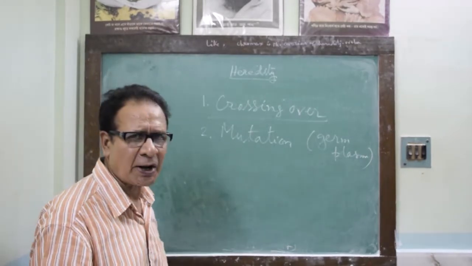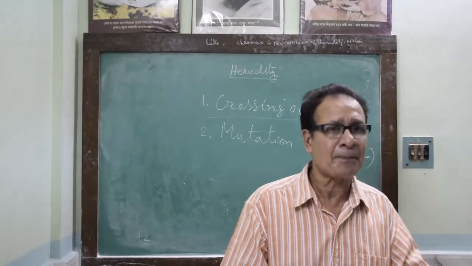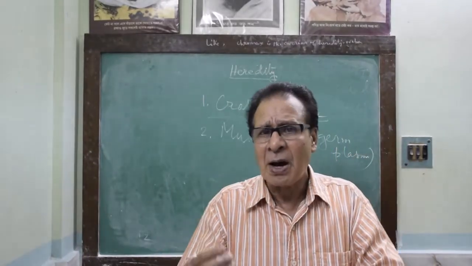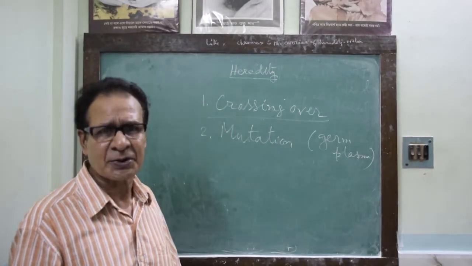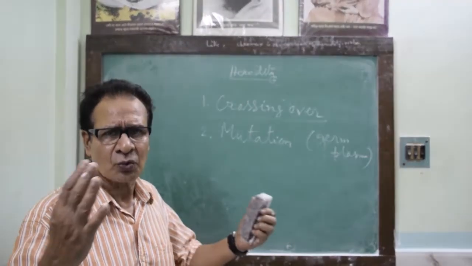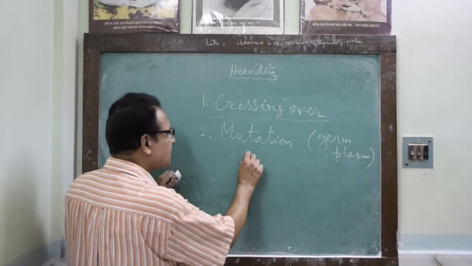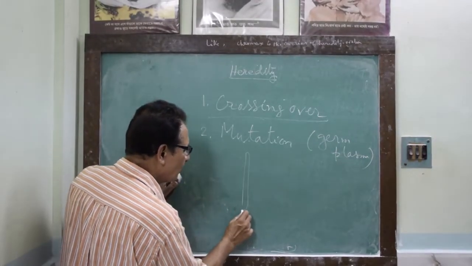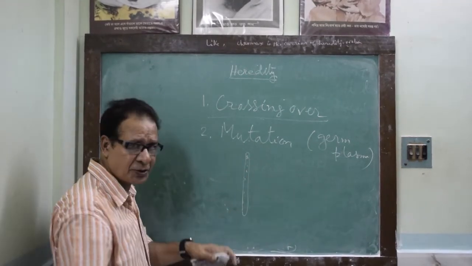Due to mutation, changes occur in the shape and number of chromosomes, and changes in the DNA and genes occur, so new characters will appear. The shape of a chromosome changes means, suppose it is a chromosome. Here the genes A, B, C, D, etc. are present.